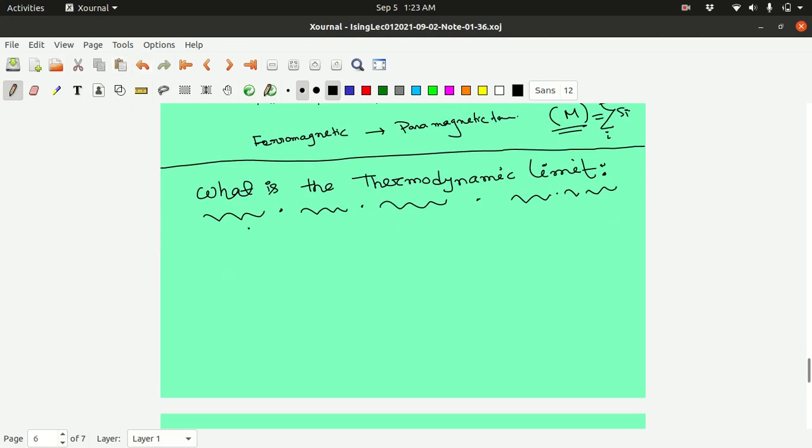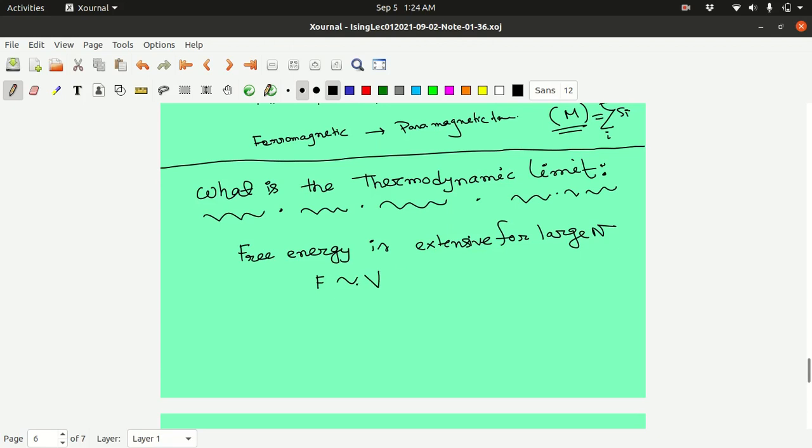Since the free energy is an extensive quantity for large N, that means the free energy F is extensive for large N. By the word extensive for large N, I mean that F varies proportional to volume.